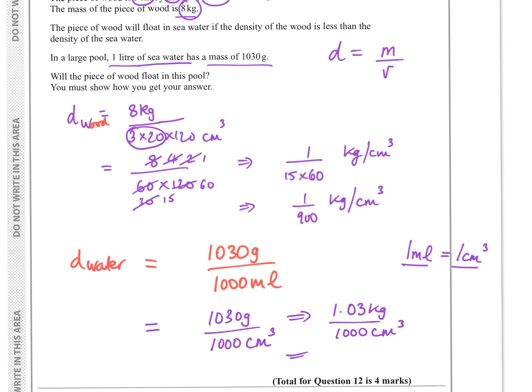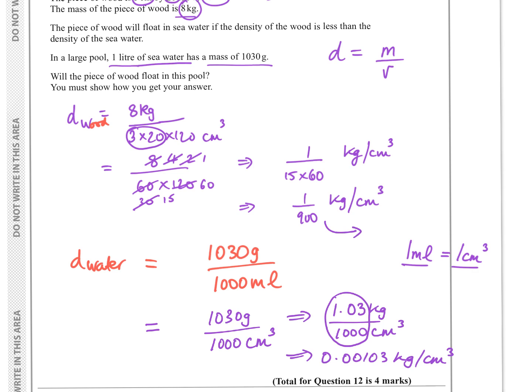So if we want to know how much it is in kilograms per centimetre cube, we've just got to do 1.03 and divide that by 1000 on the calculator. So 1.03 divided by 1000, and that gives me 0.00103 kilograms per centimetre cube.